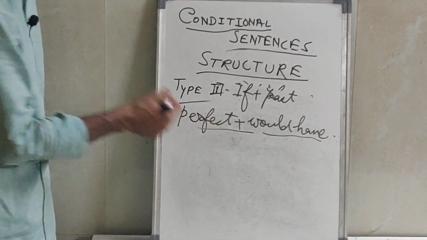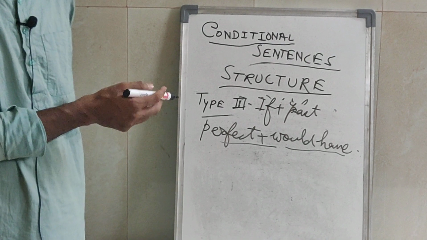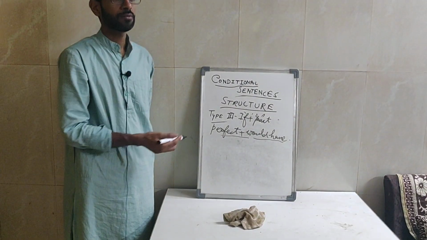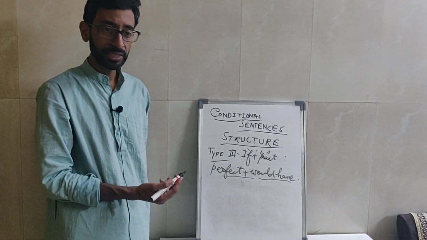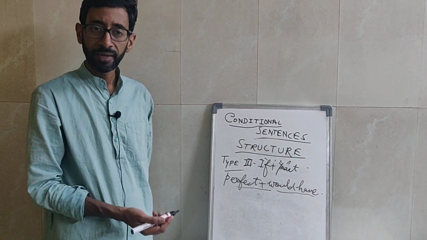Suppose a person reaches the station very late and he finds that the train has left. So now it is something that is impossible in nature. He cannot do anything about that.